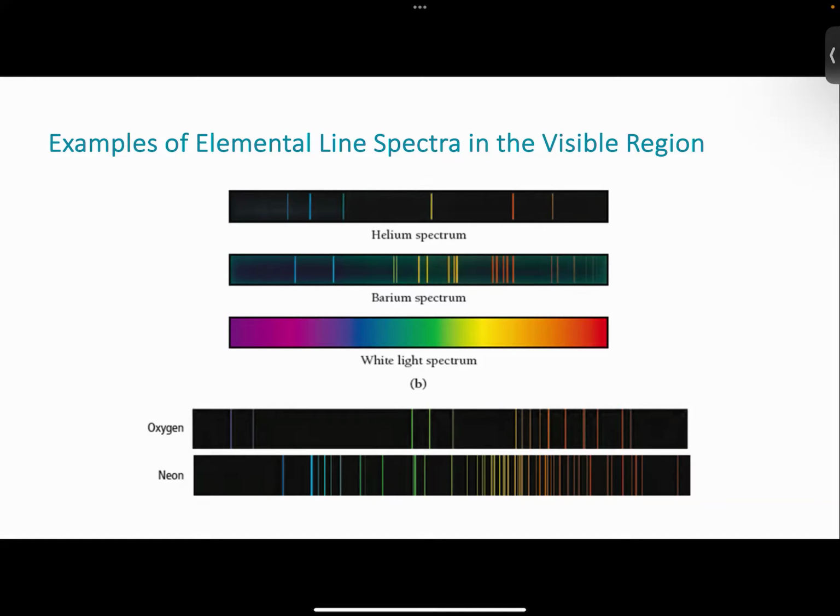This is neon down here where there's a ton of different lines. So each element has its own emission spectrum. So if we're looking at anything that contains hydrogen, we're going to only see those 4 lines. If it contains helium, we're going to see 5. They're different.